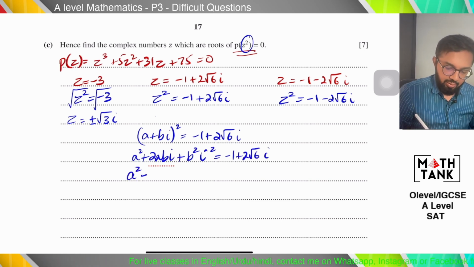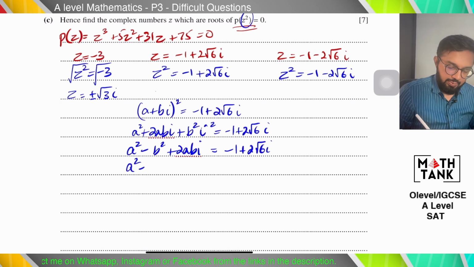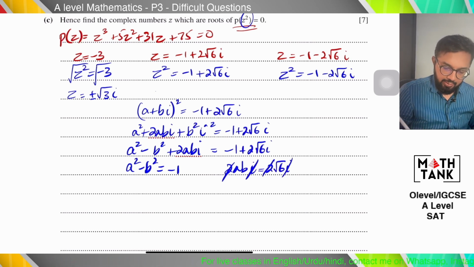So a square minus b square plus 2abi equals minus 1 plus 2 root 6i. So a square minus b square should equal minus 1, and 2abi should equal 2 root 6i. 2 and 2 cancel out, i and i also cancel out. ab equals root 6.